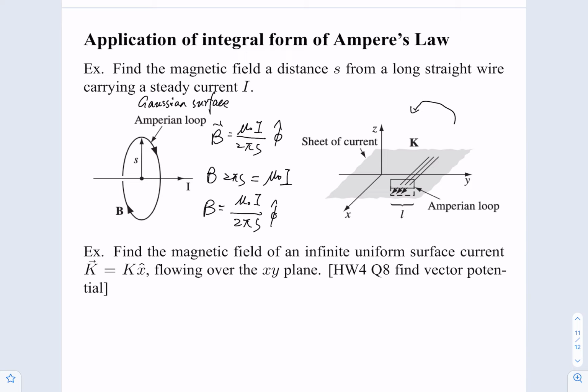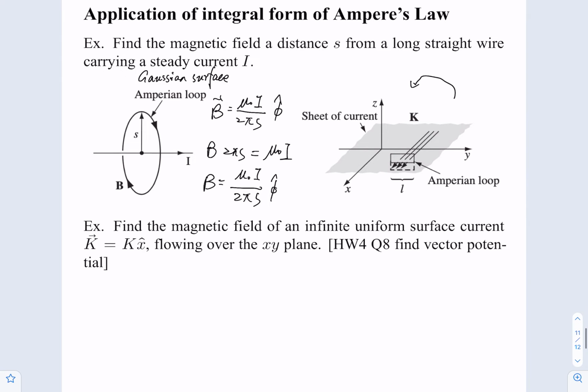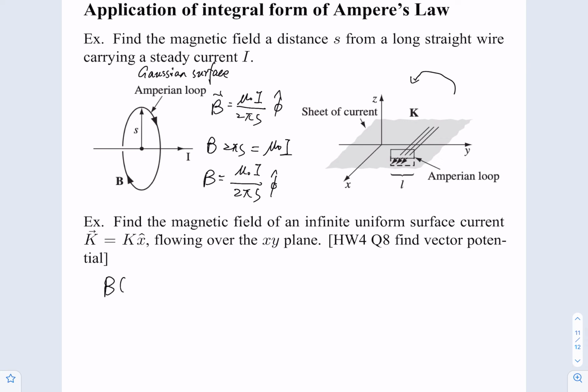So in the end, we are only interested in finding the B field along the y direction, and now we can design an Amperian loop.